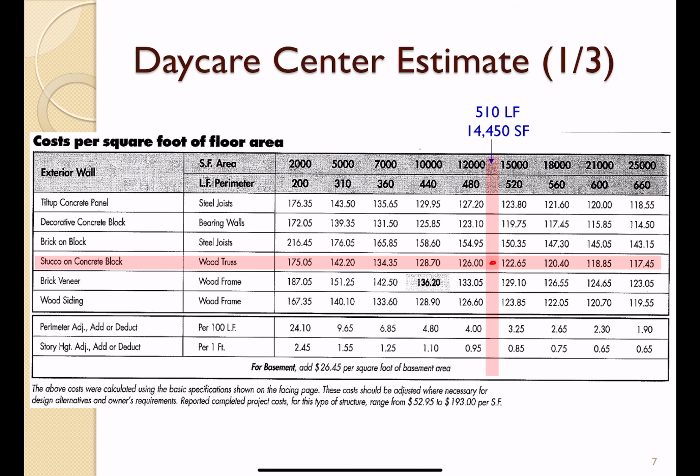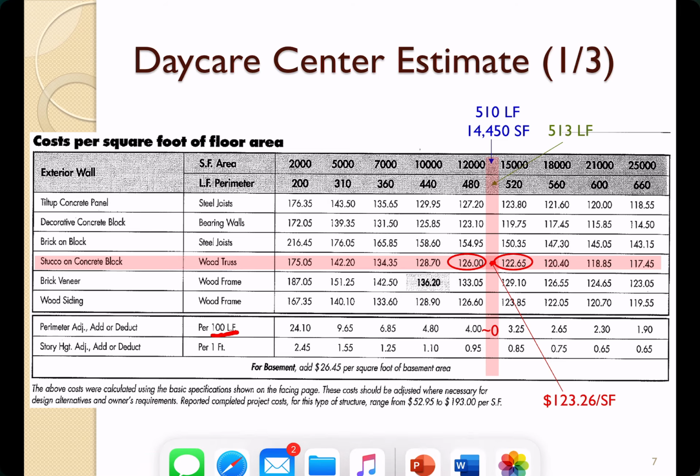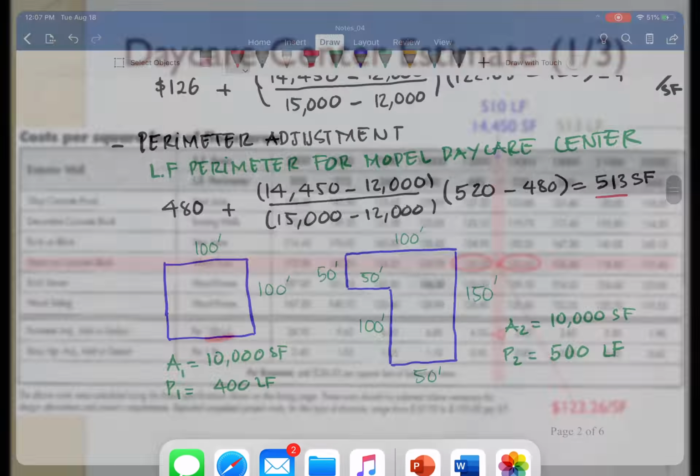You can see the perimeter adjustment here is almost nothing, because we have only $4 for every 100 linear feet. We only have 3 linear feet difference, so it's almost zero, because you have like 4 times 3 divided by 100. It's very small, so you can ignore that as well.